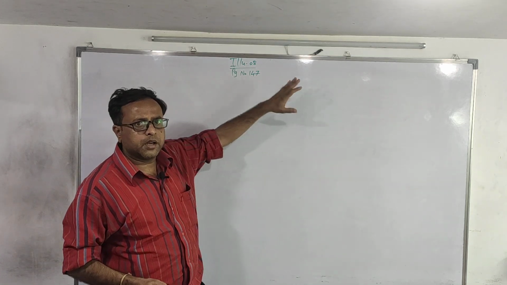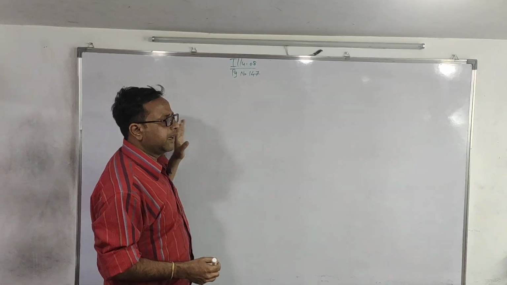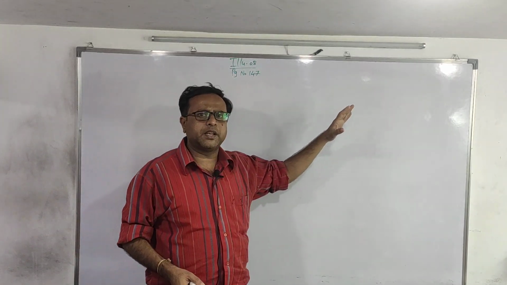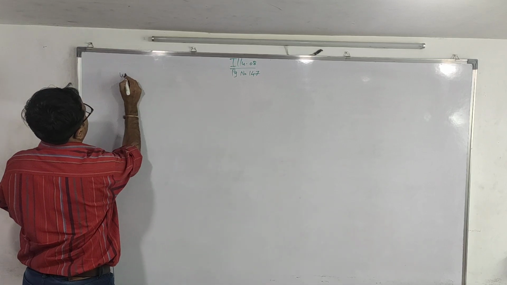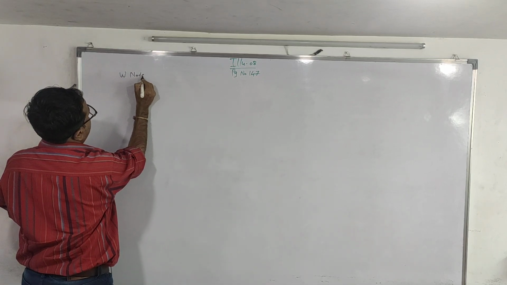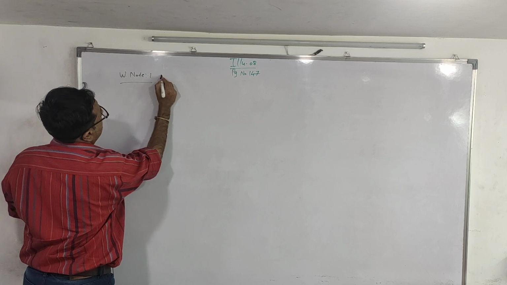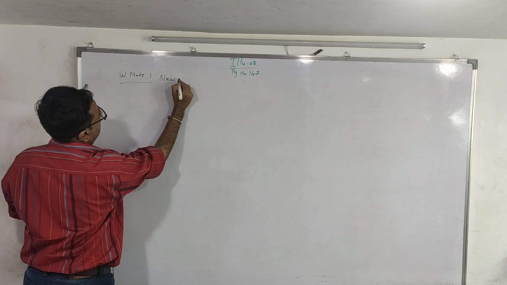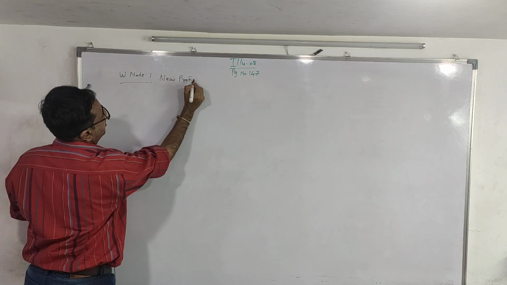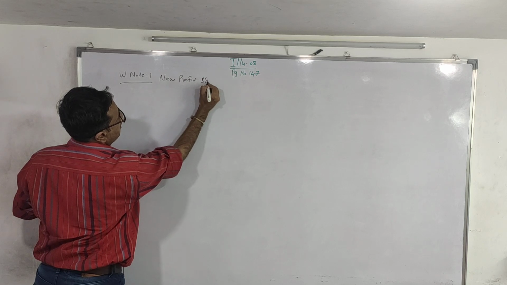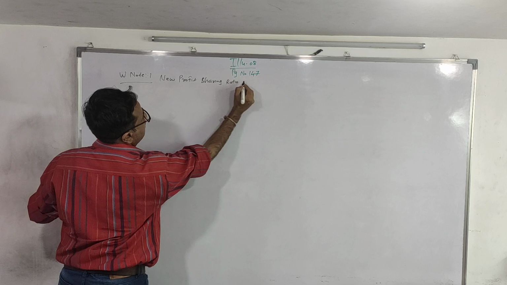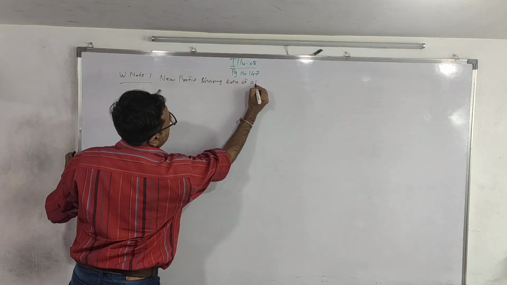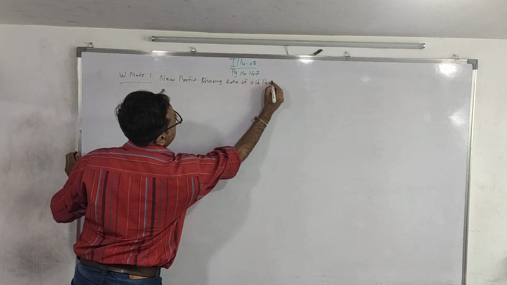and then from that total capital we'll distribute in the new profit sharing ratio. So first I am drawing working note 1, that is the new profit sharing ratio of old partners. Working note number 1, new profit sharing ratio of old partners.